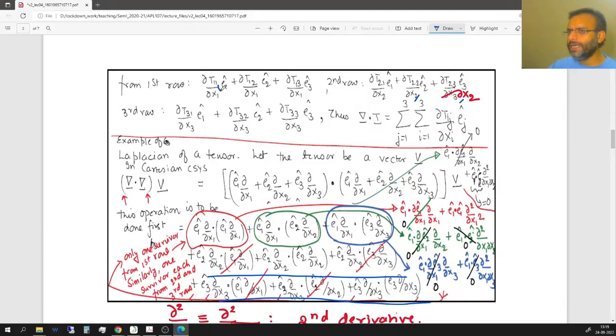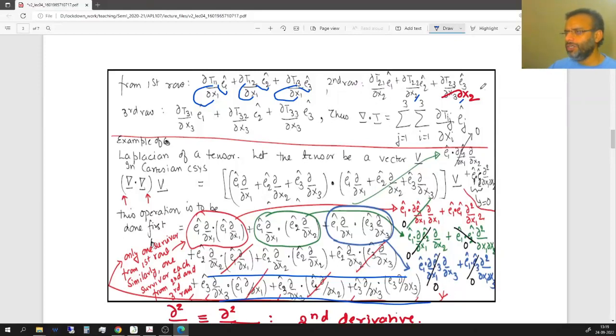The second index of t matches with the index of the unit vector. The first index of t matches with the index of the spatial derivative. See that? Isn't this enough for me to write the second survivors from the second row? Yes, it seems it is sufficient.